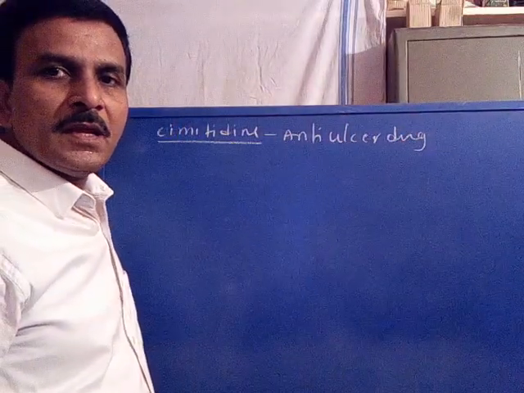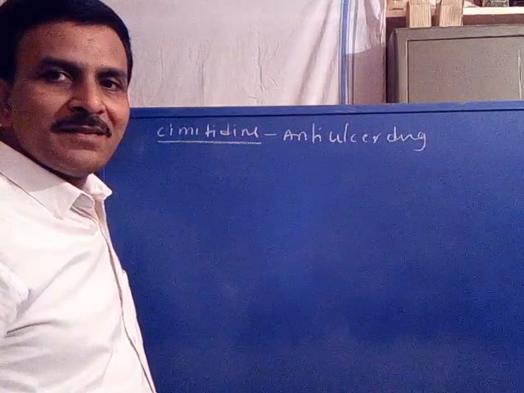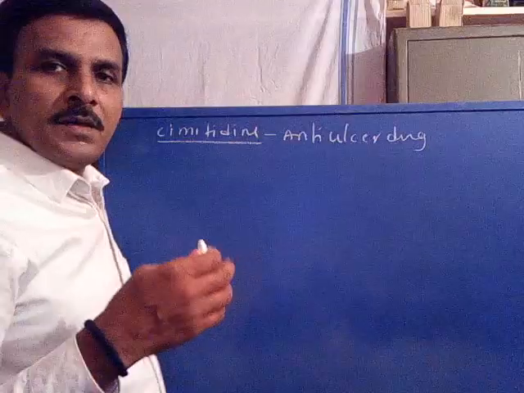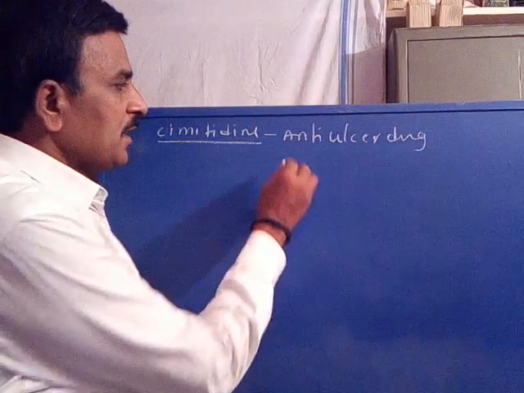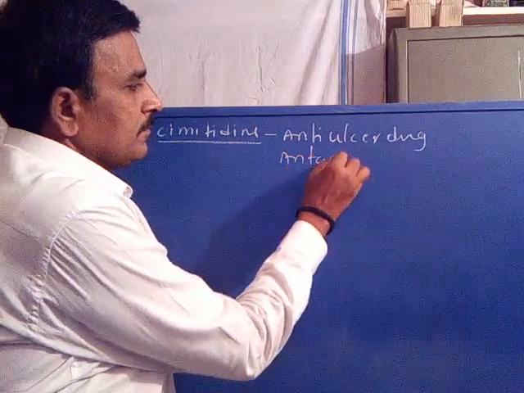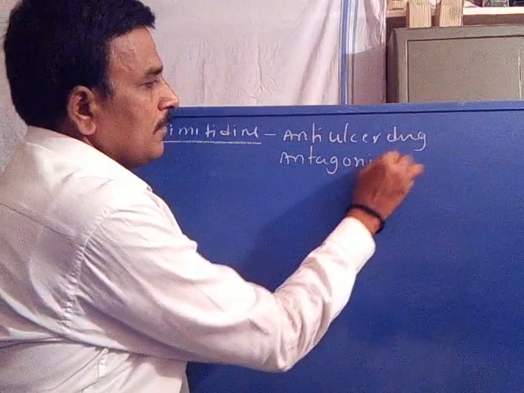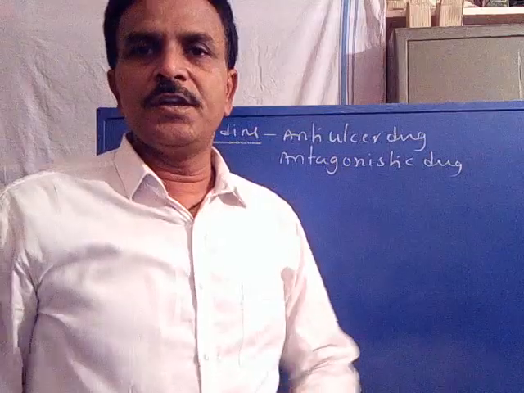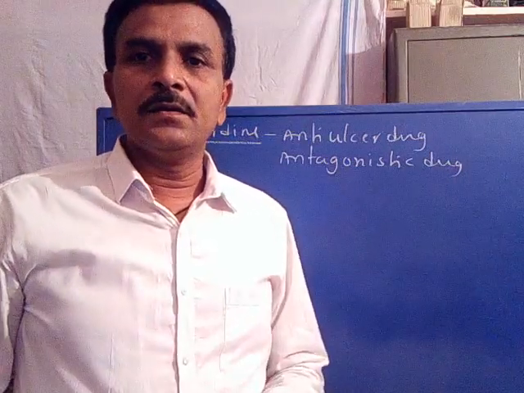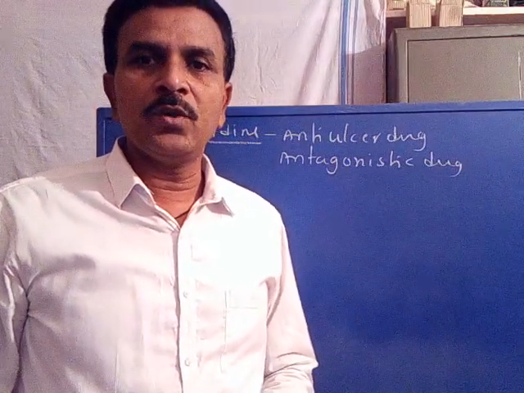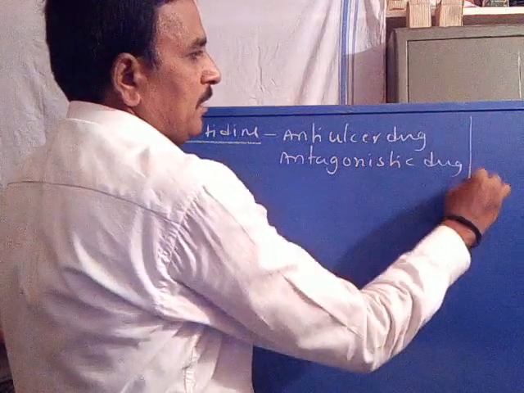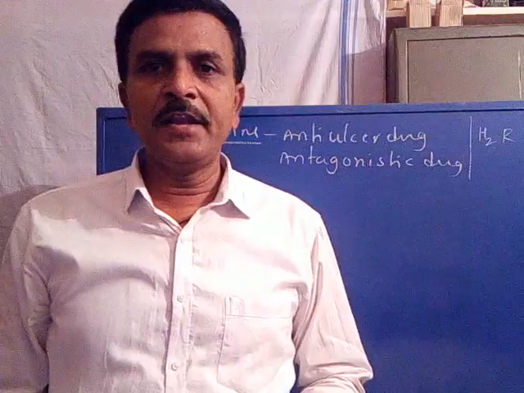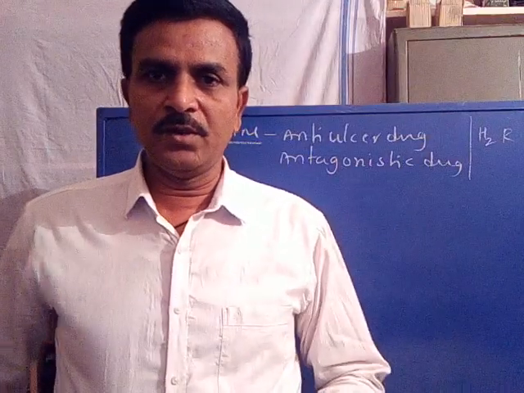It acts by inhibiting the access of histamine onto the histamine receptor. Cimetidine is an antagonistic drug. It acts by binding with the histamine 2 receptor, the H2 receptor.